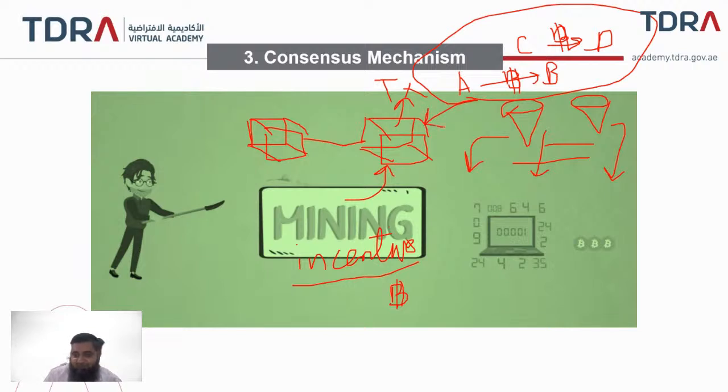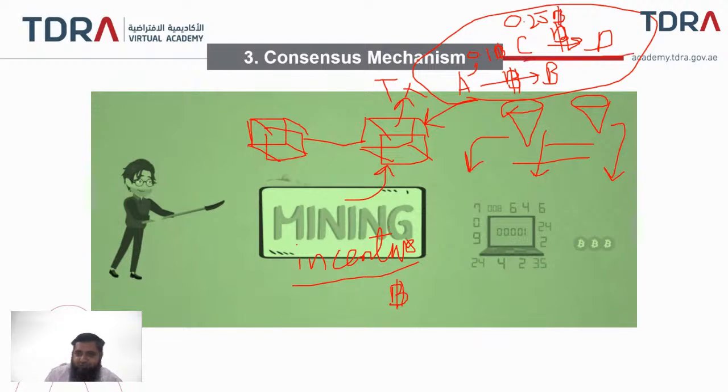But for completing the transaction, they give some extra amount of cryptocurrency or Bitcoin. For example, A says, I will give 0.1 Bitcoin as an extra amount for this transaction. And C says, I will give 0.25 Bitcoin as an extra amount for this transaction.